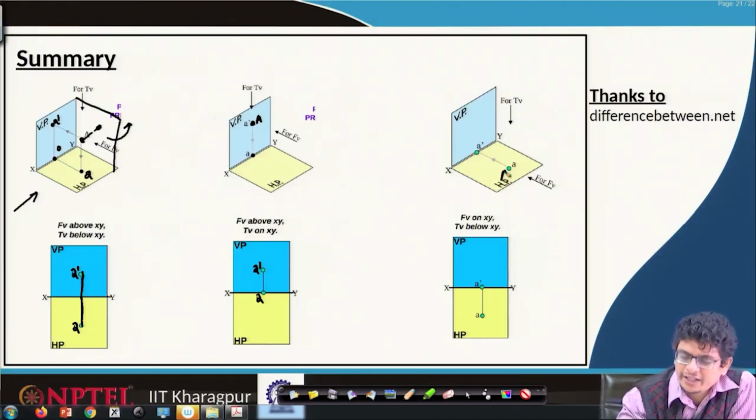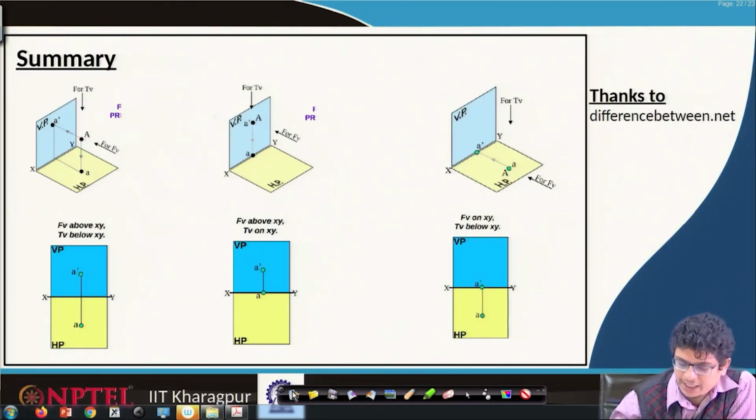If point A is on the horizontal plane in front of the vertical plane, OA will be this, and OA dash will be mapped at the O location. So, we will have that 0 length. This is the way point projections happen.